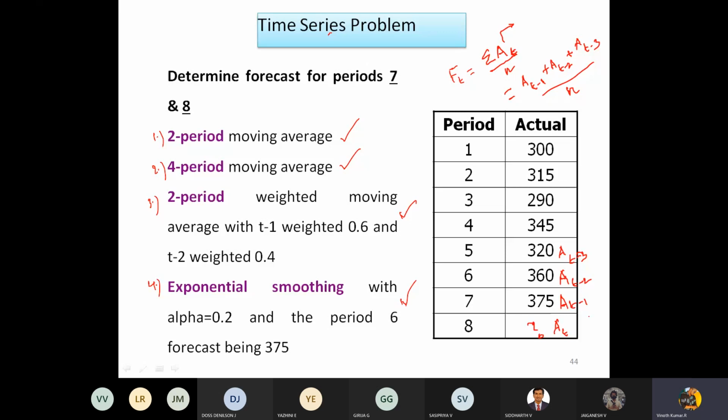So t minus 1: what does t define here? A time period, t which is 8. So 8 minus 1 is 7, so the 7th time period. 8 minus 2 is 6, so the 6th time period. 8 minus 3.